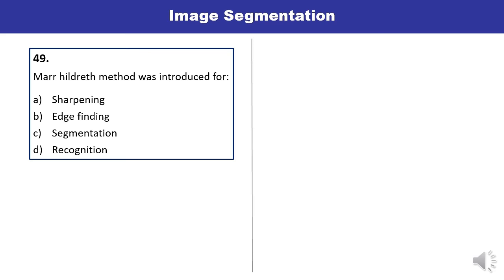Next question is, Marr-Hildreth method was introduced for what? Sharpening, edge finding, segmentation or recognition. So this method was introduced for edge finding. Let us mark B and check the answer. This is correct as well.